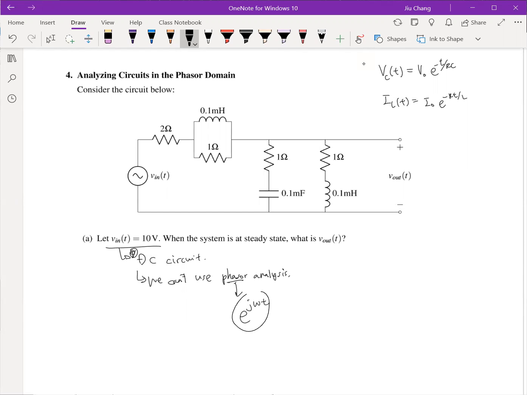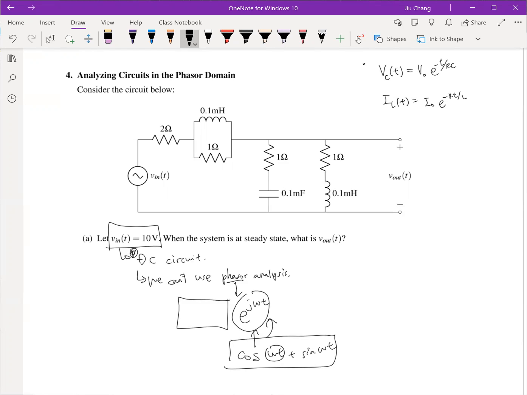So we use this fact that any voltage that is suitable for phasor analysis has an AC voltage, which means that they have some sinusoidal signal. And these are assumed whenever we use any phasor analysis. But in this case, we don't have any sinusoidal signal, so we can't use phasor analysis. So we should use our general circuit analysis.